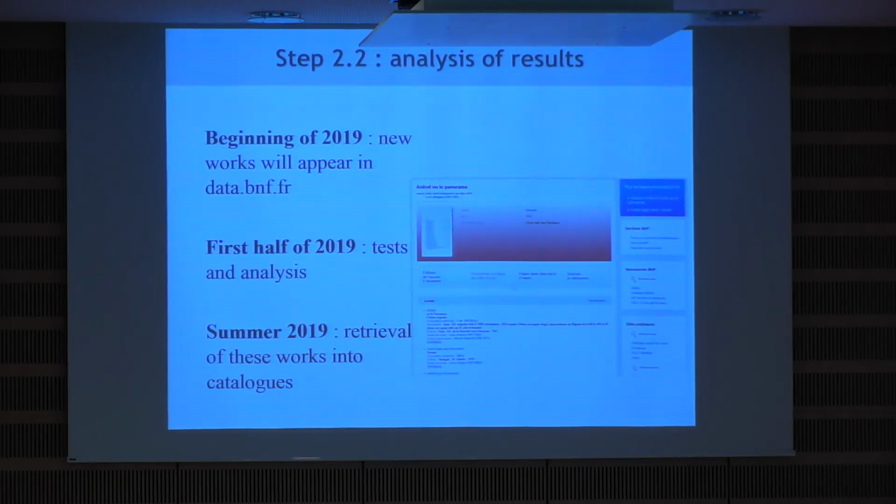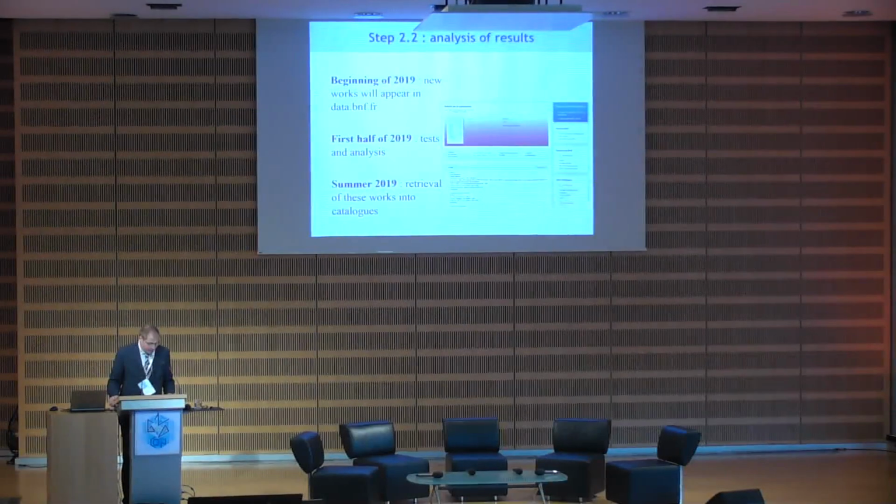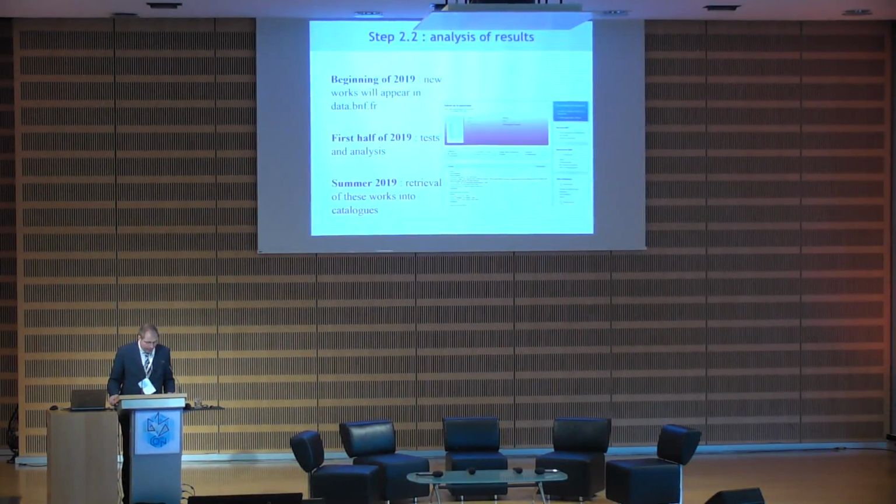And then librarians, data experts, will check and analyze these results before reinjecting these new works into our authority file, into our catalog. So the question is to associate manual work led by librarians and automatic process. And the question is, where is the librarian's expertise the most useful?